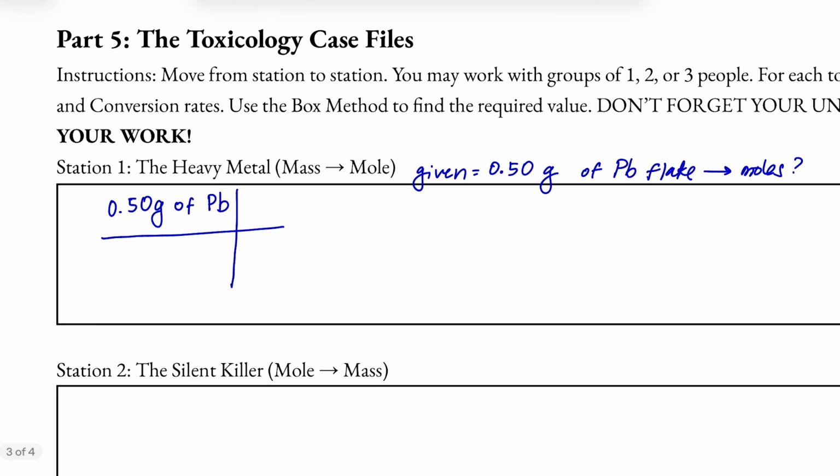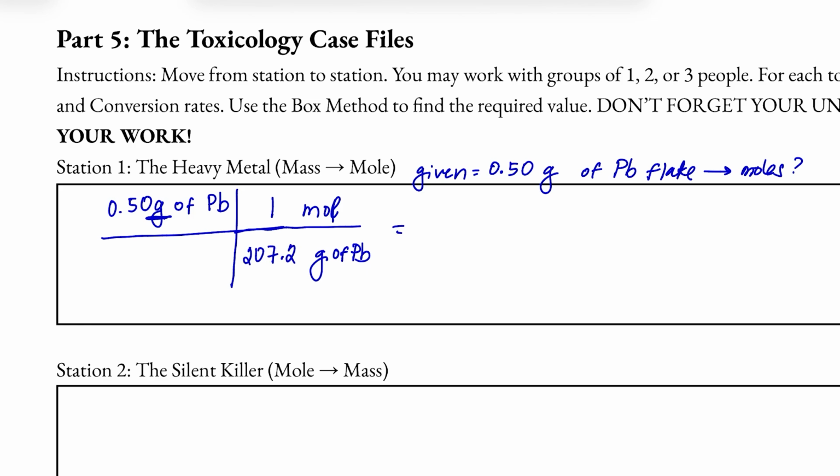When we're doing our conversions, we want to get rid of our grams, so we're going to have our grams down here and use 1 mole. Here we look for the molar mass, and the molar mass of lead is 207.2.